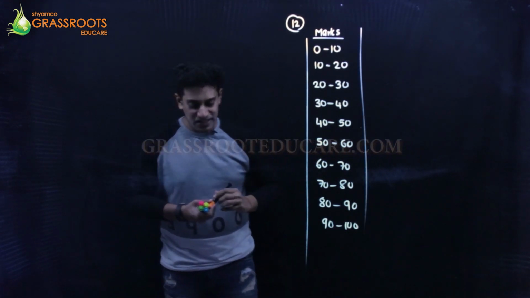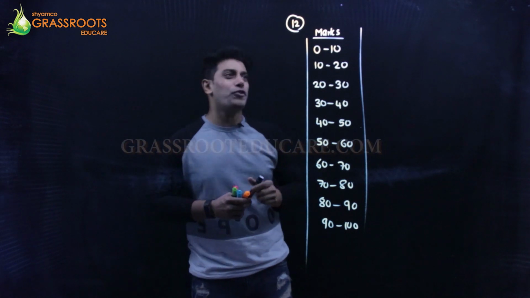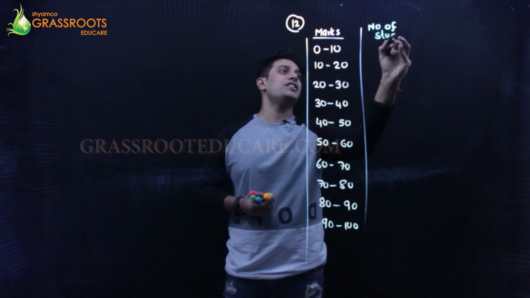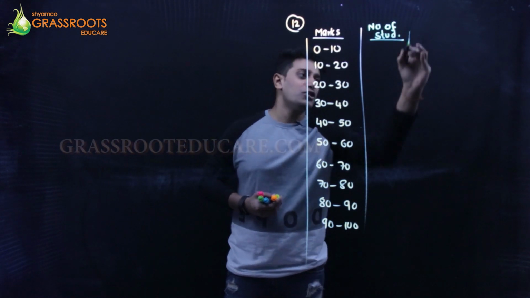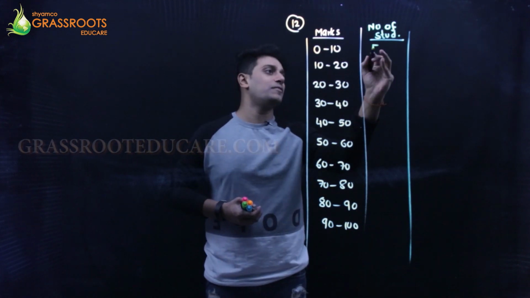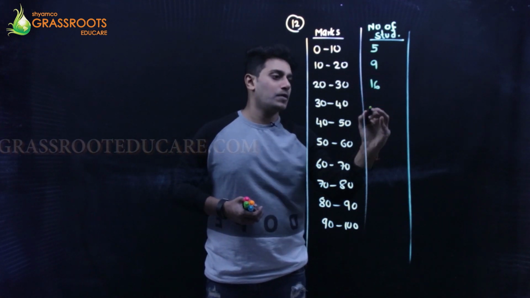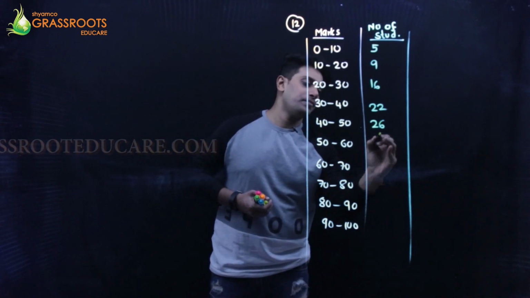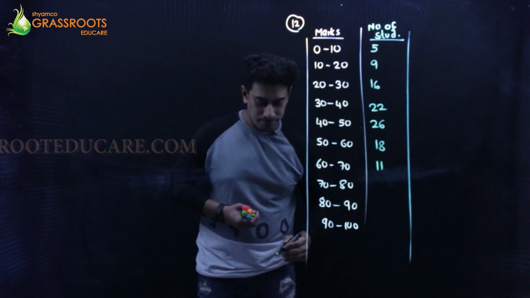Now, I have been given the frequency, the number of students. Now, I'm not sure that this is frequency or cumulative frequency. So what I'll do is I'll check the data. Let's write it down. 5, 9, 16, 22, 26, 18, 11.